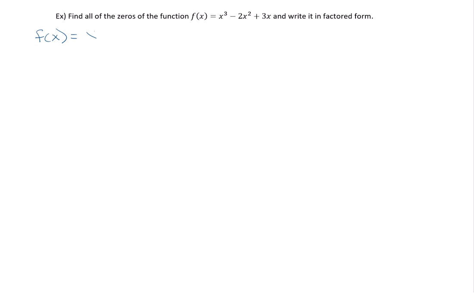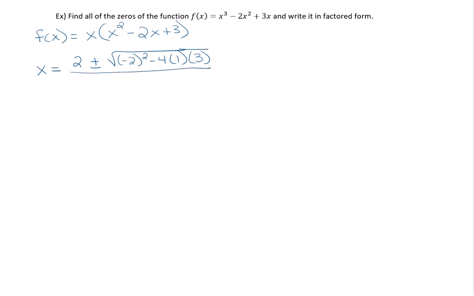Notice there's a GCF of x, leaving us with an x squared minus 2x plus 3. Unfortunately, the x squared minus 2x plus 3 is not factorable. It looks like it might be, but it's not. So we would use the quadratic formula. We would take the opposite of the b, plus or minus the square root of the b squared minus 4 times a times c, all divided by 2 times the a.